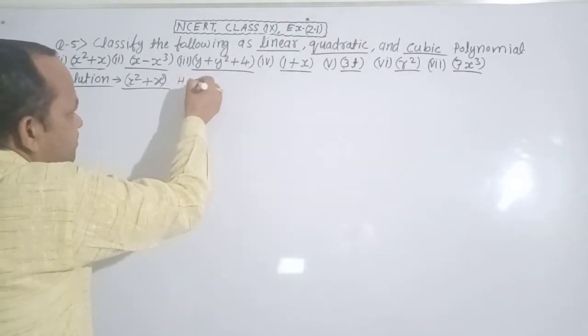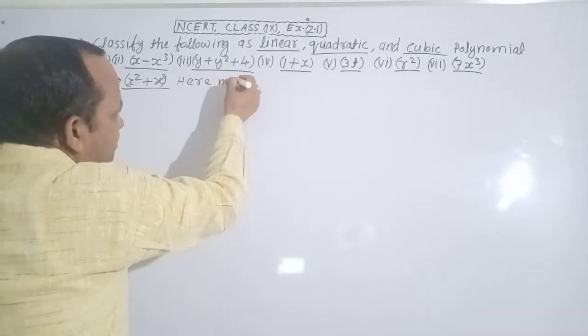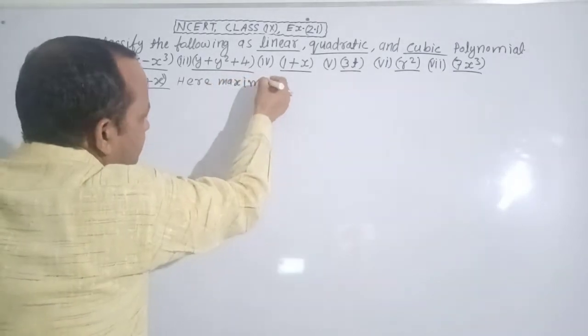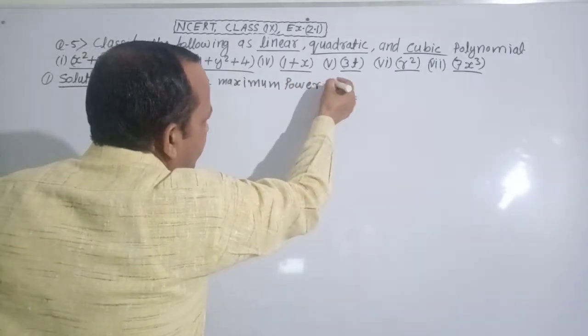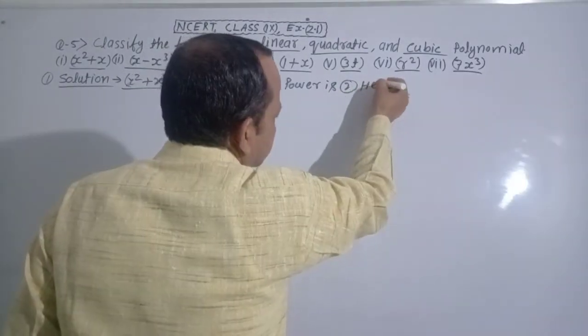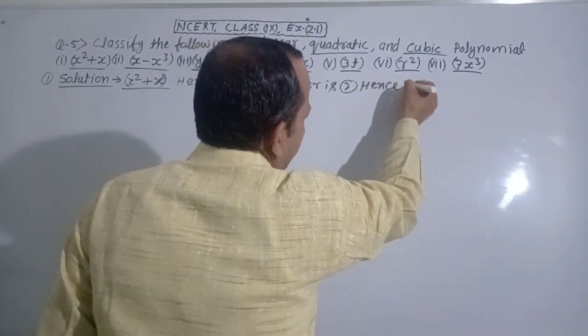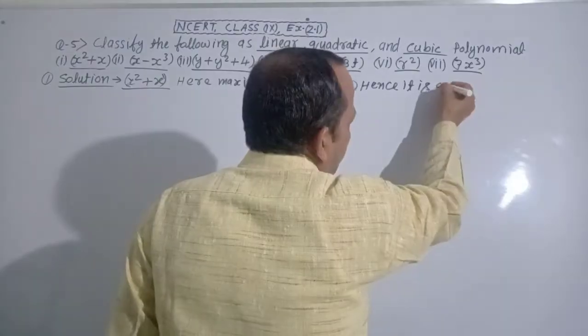Here the maximum power is 2. Hence it is a quadratic polynomial.